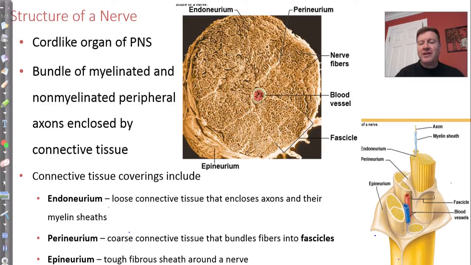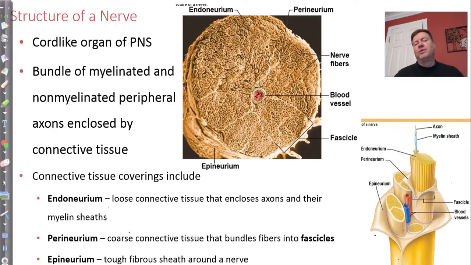A group of those is called a fascicle, and a fascicle is surrounded by a connective tissue called a perineurium. And then all of the fascicles together are wrapped in an epineurium, which is another kind of connective tissue, sort of a sheath that surrounds it all. And of course in here we're going to find blood vessels.